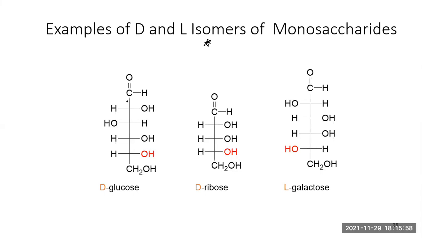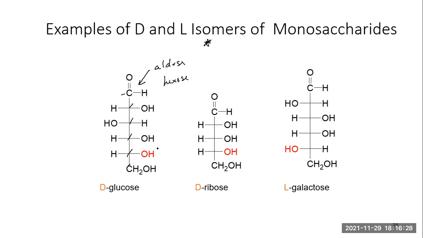Again, not necessarily being asked to draw it, but if you see the structure, be able to recognize it as one of these 3 guys. Let's take a look at each of these to see what we're dealing with. First off, for glucose, we do see the aldehyde group, which tells us it's an aldose. We also see 1, 2, 3, 4, 5, and 6 carbons, which tells us it's a hexose.